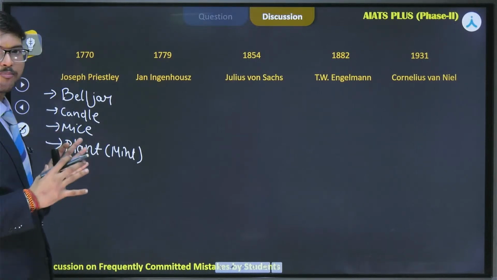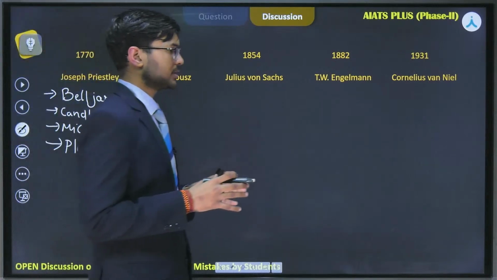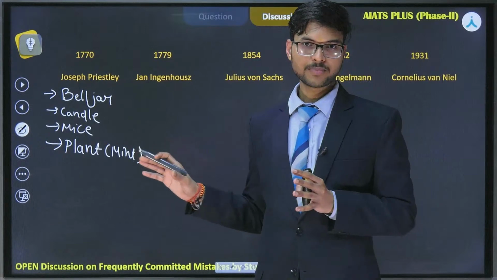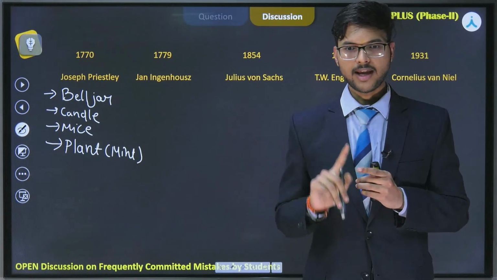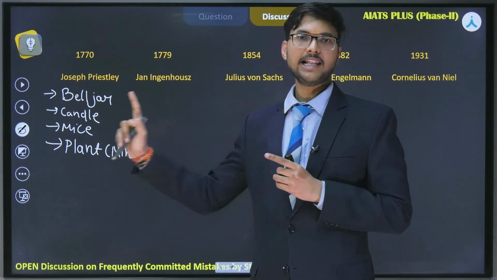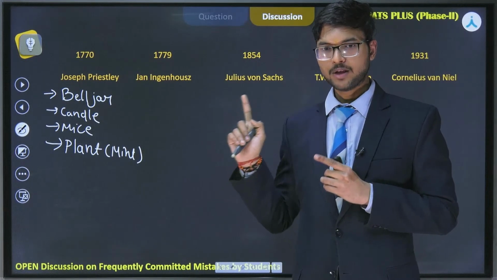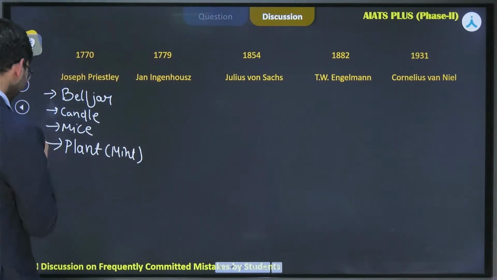Now after Joseph Priestley came Jan Ingenhousz. Jan Ingenhousz took the same experimental setup of Joseph Priestley, but he made one major change: keeping the experimental setup in the light condition and in the dark condition.